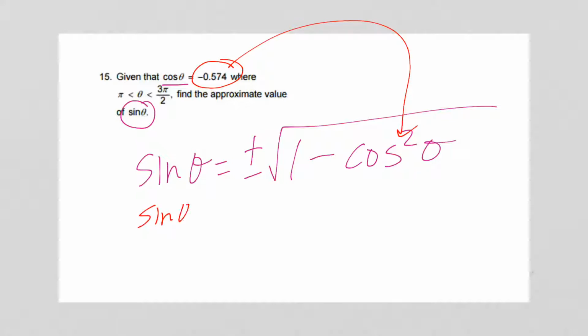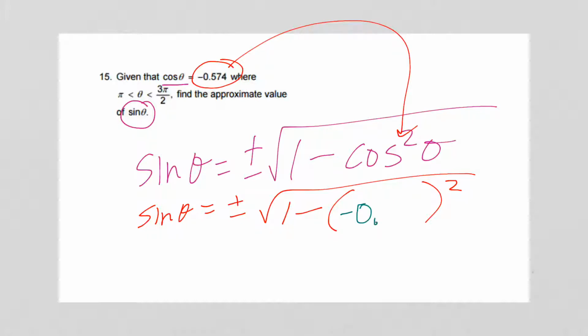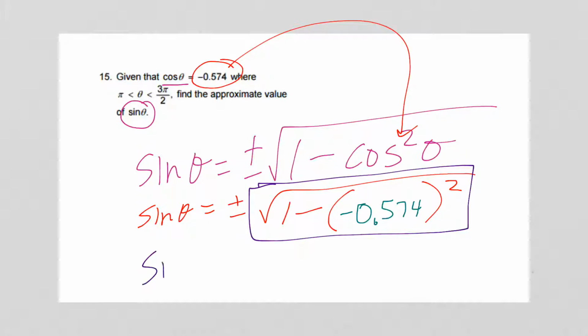Well, cosine squared is negative 0.574 squared. Type in this part into your calculator and you will get your answer for sine theta.